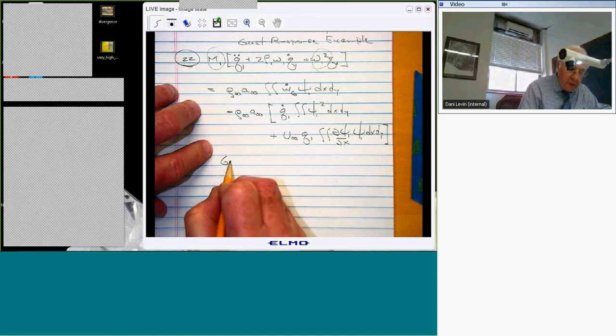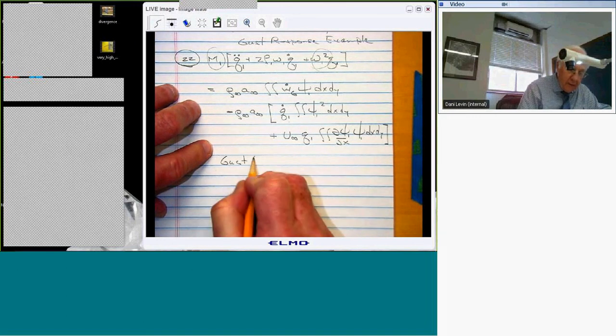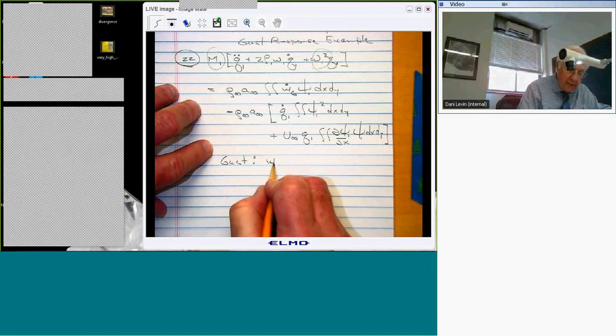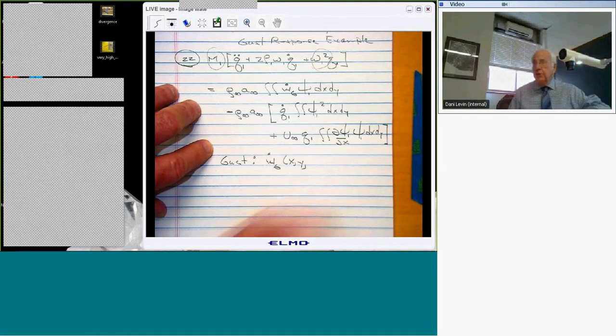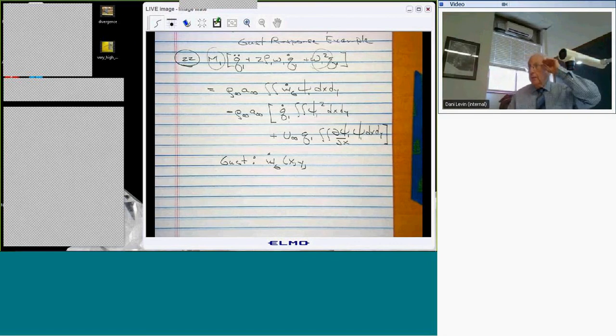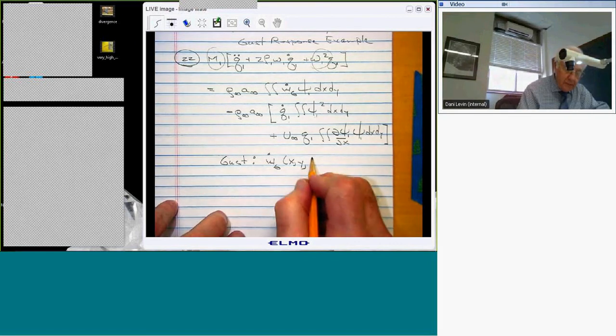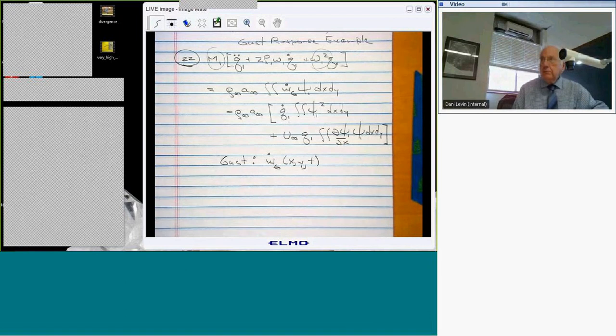First of all, with respect to the gust, we have the gust velocity. In general, it would depend on some point in space on the wing, right? And of course on time. Okay?